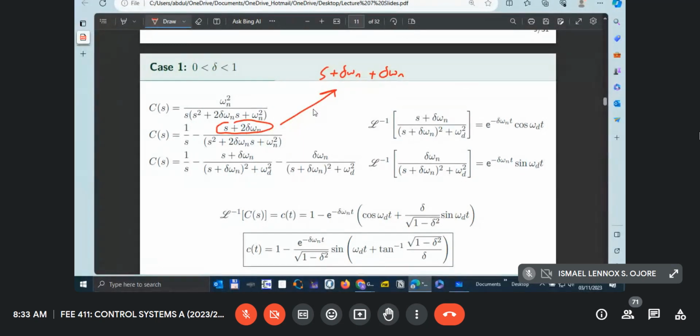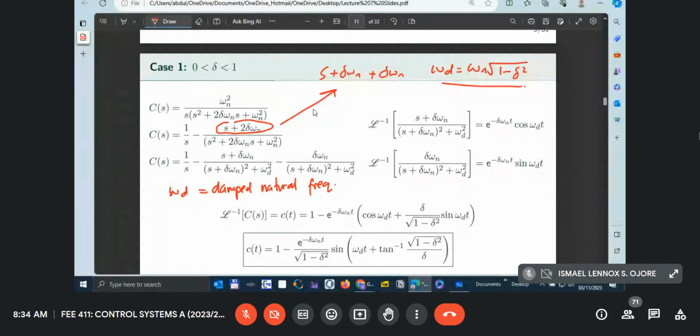Here you see we have something called omega d. Omega d is what we call the damped natural frequency, and it is given by this when delta is less than 1.